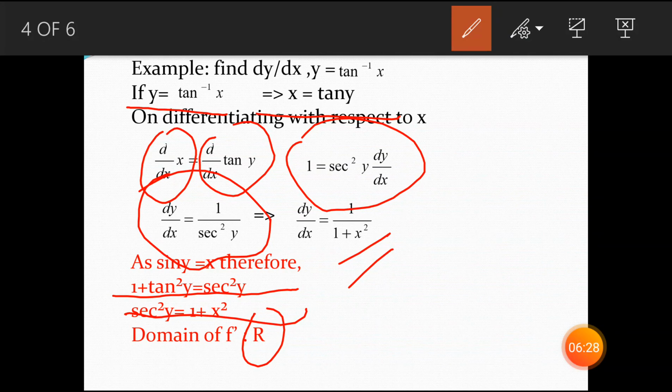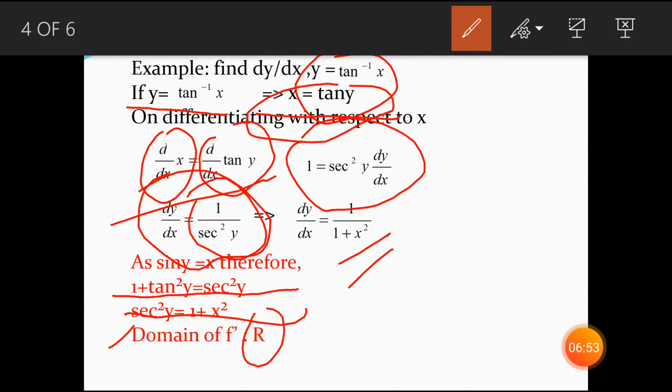See, actually you just keep an idea in your mind of what to do whenever you are deriving a function. First of all you let it equal y, and after that you differentiate it in an ordinary way. We have to use the chain rule because the variable is y and we are differentiating it with respect to x, and then you convert that trigonometric function in terms of x by using the identity that you studied in 10th standard.